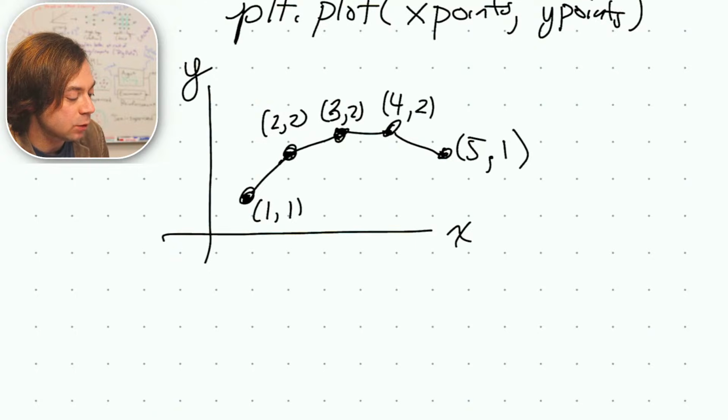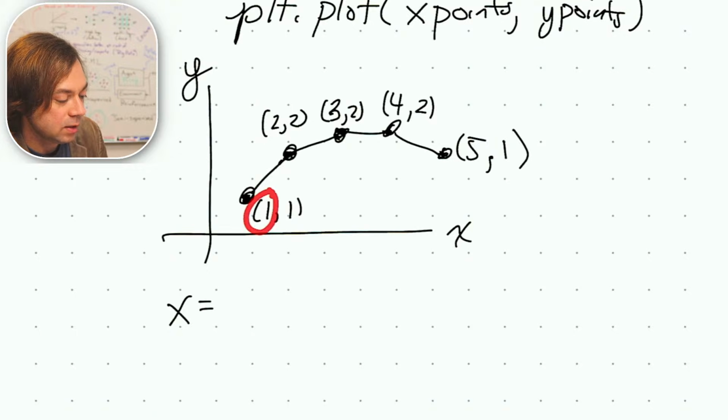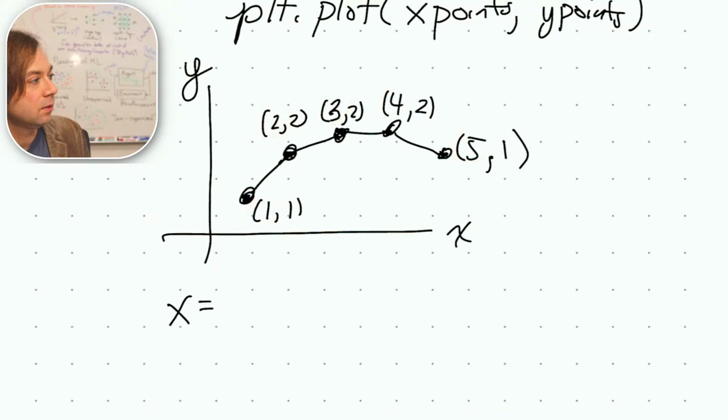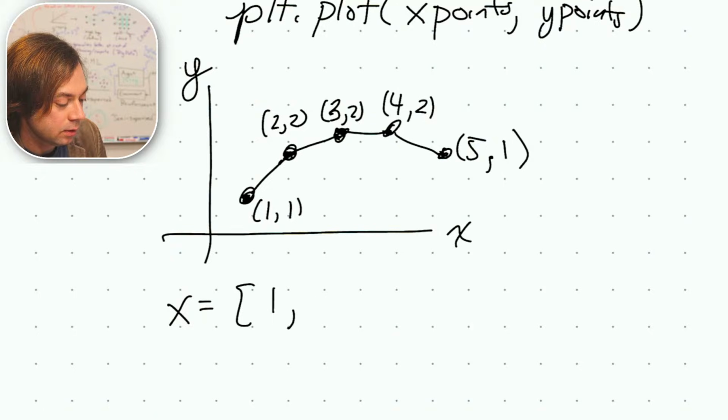So your X points would be a list of this number, 1, 2, 3, 4, 5, right? And your Y points, so we say, hey, it's 1, 2, 3, 4, 5. Okay.